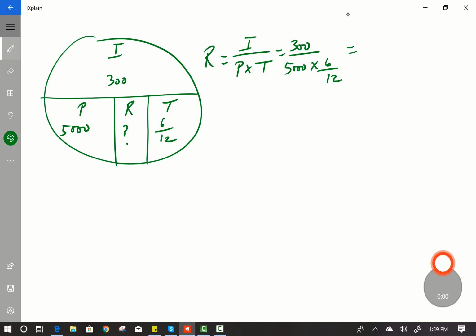And now I need to calculate this entry of 5,000 times 6 divided by 12, and that equals 2,500. Okay, now I'm ready to clear the calculator again and enter 300 divided by 2,500, and that equals 0.12, or 12% after you move the decimal point 2 places to the right.